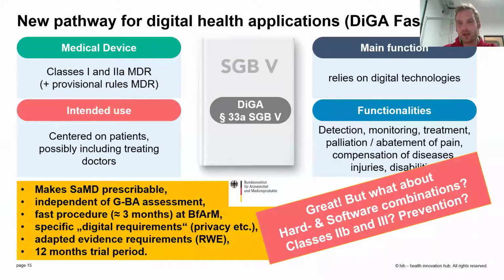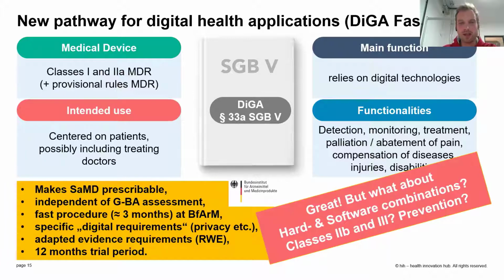What about hardware and software combinations? Hardware, to a certain extent, is included. We also have some questions about human services. What about dietitians that are somehow getting involved, or psychotherapists that are getting involved in the background? Although psychotherapists are not that much of a problem, but psychologists are, because psychotherapists are already in the system and get reimbursed for that.